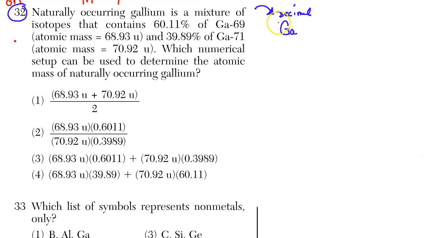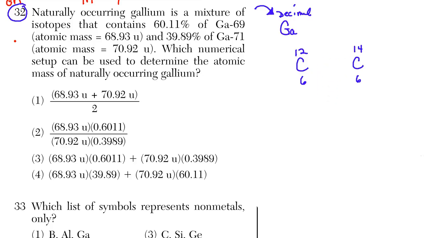What's a weighted average? Well, real quickly, to give you a sense of what this means, if I have carbon 12 and carbon 14, these are isotopes, different number of neutrons, same atomic number. And if I was to do a simple average, 12 plus 14, which is 26, divide by 2.